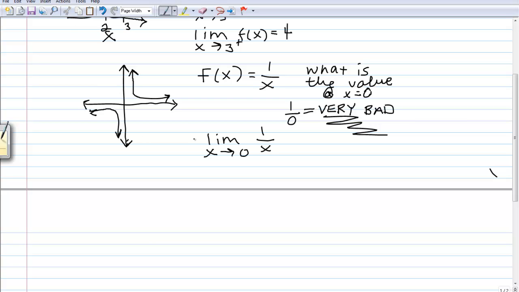So, the limit of 1 over x as x approaches 0. If we do the limit as x approaches 0 from the left, we're going to find, okay, that goes to negative infinity.